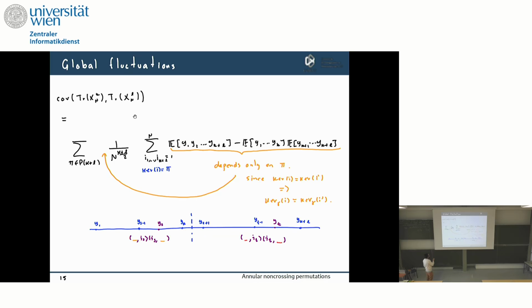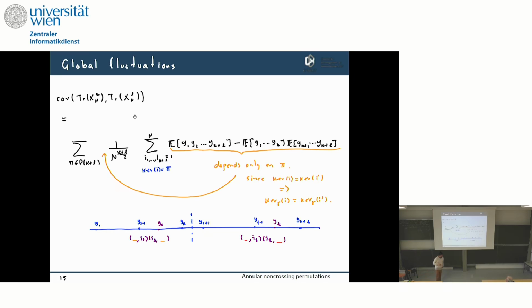But which partitions are allowed here? Well, I said that if the kernel has a singleton, then this thing will vanish. So that means that I need to consider only partitions with at least 2 elements.